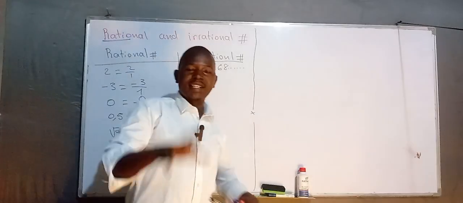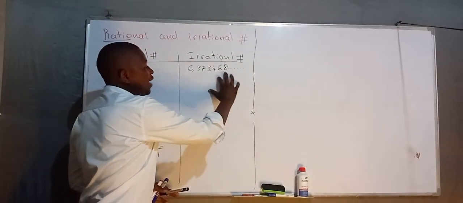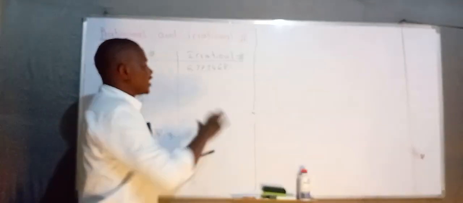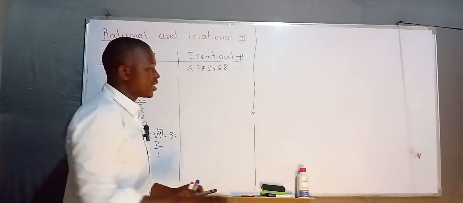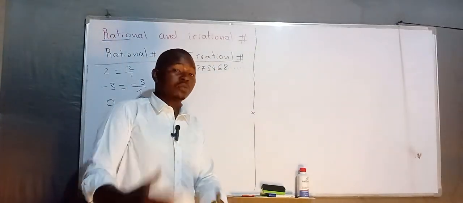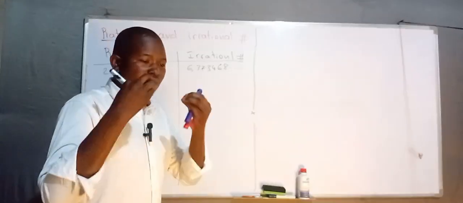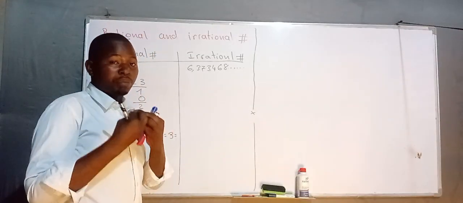An irrational number is a number that does not have an end. The decimal continues. You can keep on calculating it until tomorrow and you still have no final answer, no final decimal position for it.